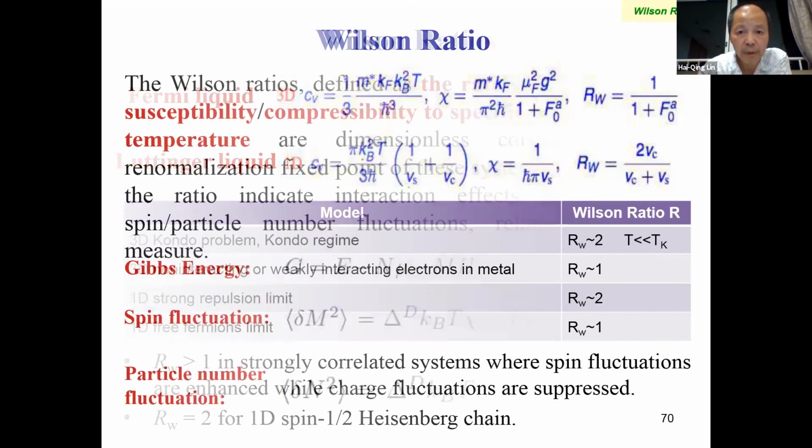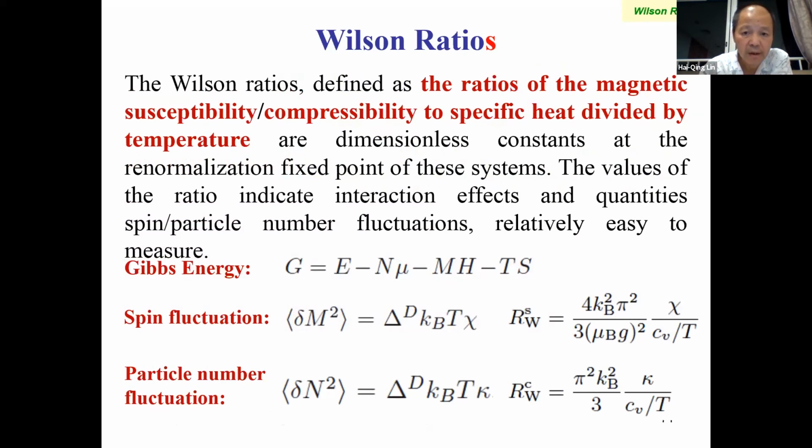Now, if we go back to look at the thermodynamic quantities, you find that the system can be described by the Gibbs energy, energy, particle number, external field, magnetic field at finite temperature. Then the spin fluctuation is represented by the susceptibility, the thermal fluctuation is represented by the heat capacity, and the particle number fluctuation is represented by the compressibility.